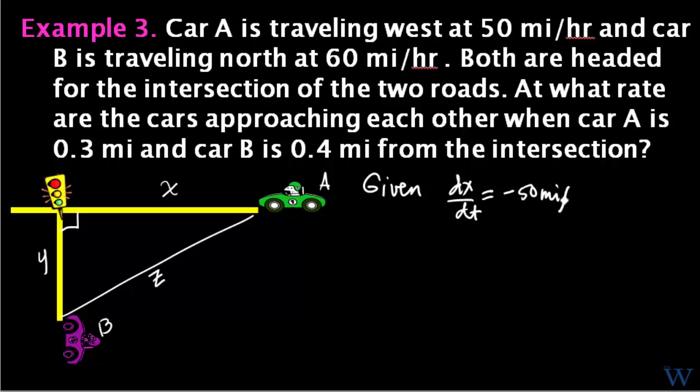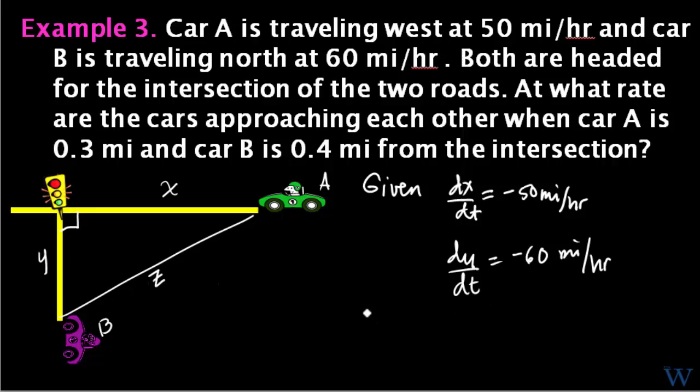Why is it negative? Because the distance from A to the intersection is decreasing. dy by dt is given as negative 60 miles per hour. Again, the same situation: the distance of car B from the intersection is decreasing.